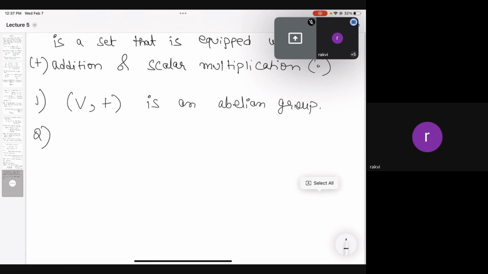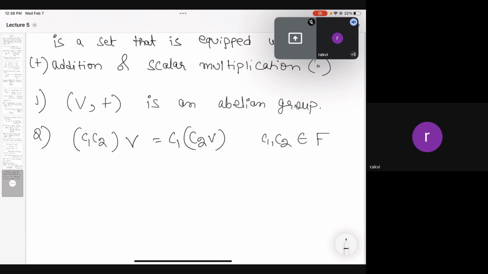So for scalar multiplication, if we take two scalars, let's say C1, C2, and I multiply them with a vector, that is the same as first multiplying V with C2 and then multiplying it with C1. So C1 and C2 are my scalars, they are in my field. Now what is C1 C2?